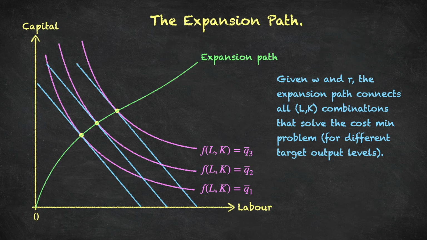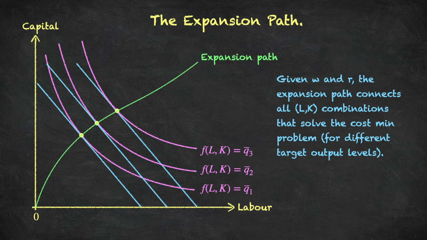So given W and R, the expansion path connects all of the different LK combinations that solve a cost minimization problem, but of course they're solving cost minimization problems that have different target output levels. Okay, so once I know this expansion path, you could imagine this is an incredibly useful thing to know, because what it's telling me is it's all of the LK combinations that are in some sense the best ones to use.